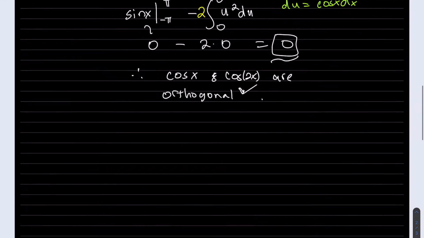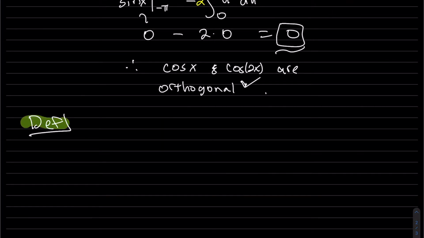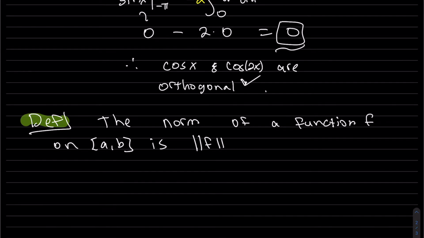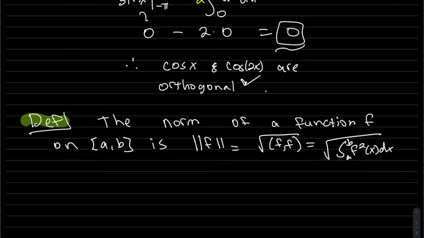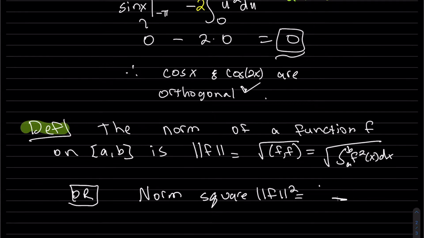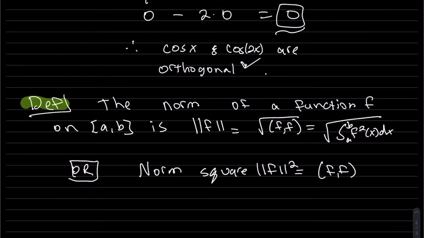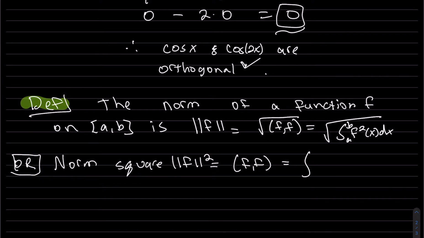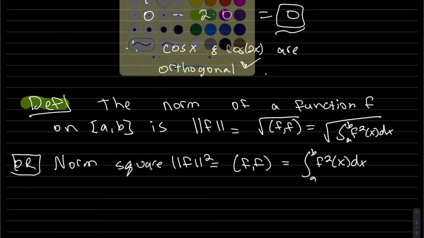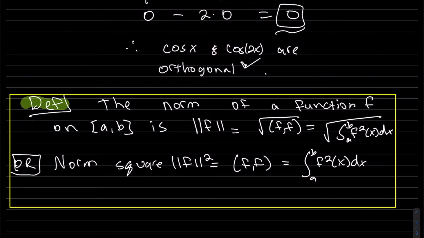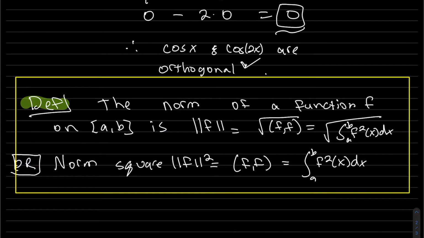Here's another definition. The norm of a function is the square root of the inner product.